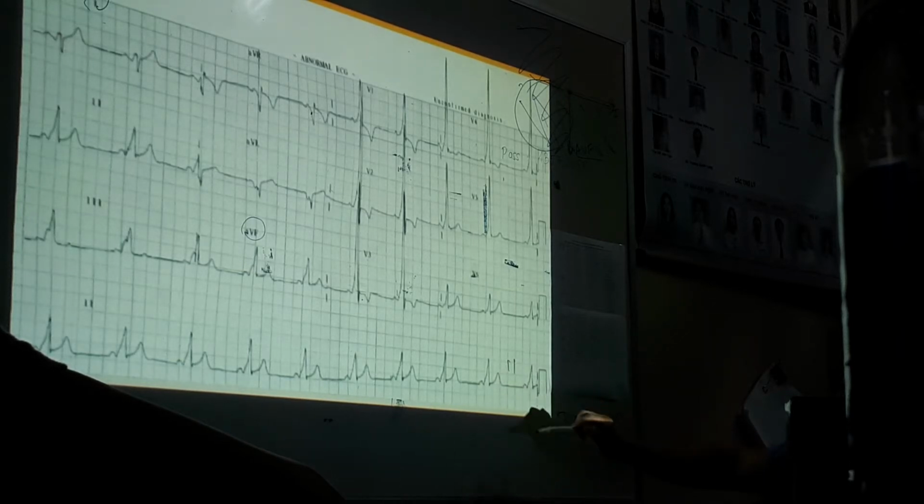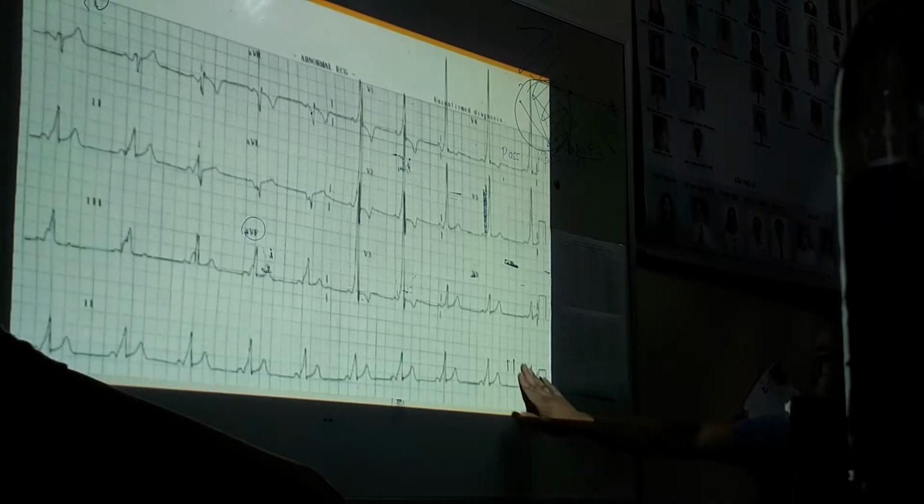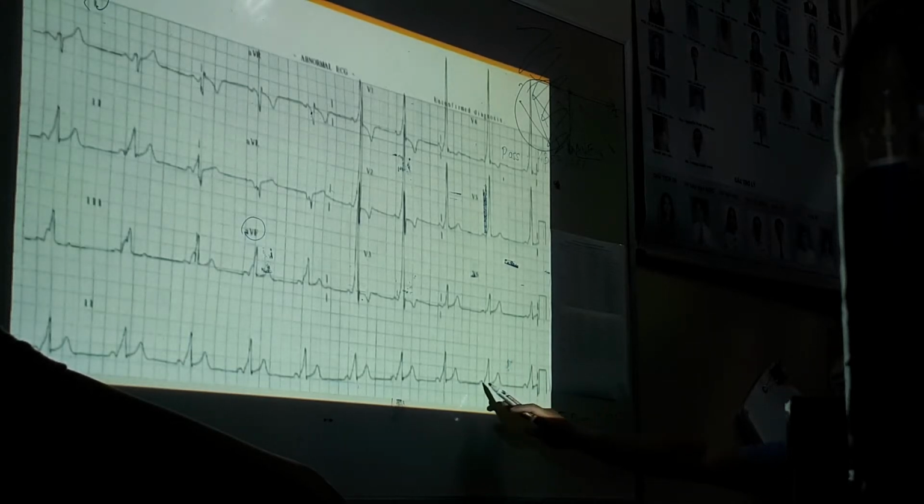If it's longer than that, then you have a problem. If it's shorter than 120, which this one almost is non-existent, you have to worry about Wolff-Parkinson-White. If it's longer than 200, you have to worry about AV block. So this one is shorter.